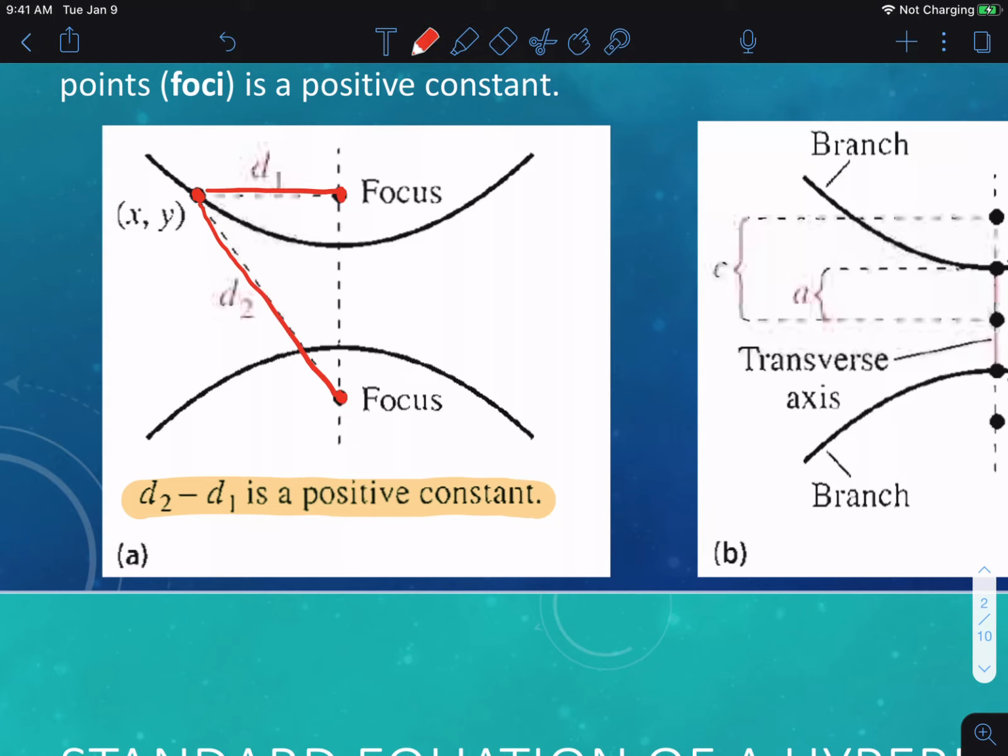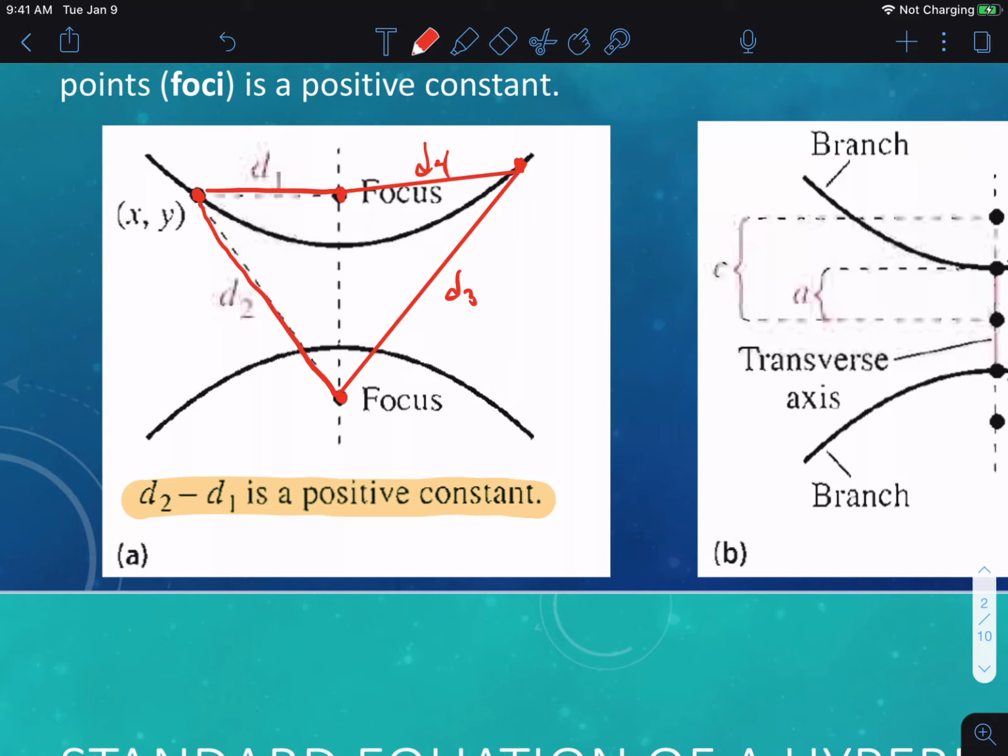So if I wanted to do it again, I could take a point up here on the upper branch of that hyperbola and measure this distance and call it D3, and measure this distance right here and call that D4.